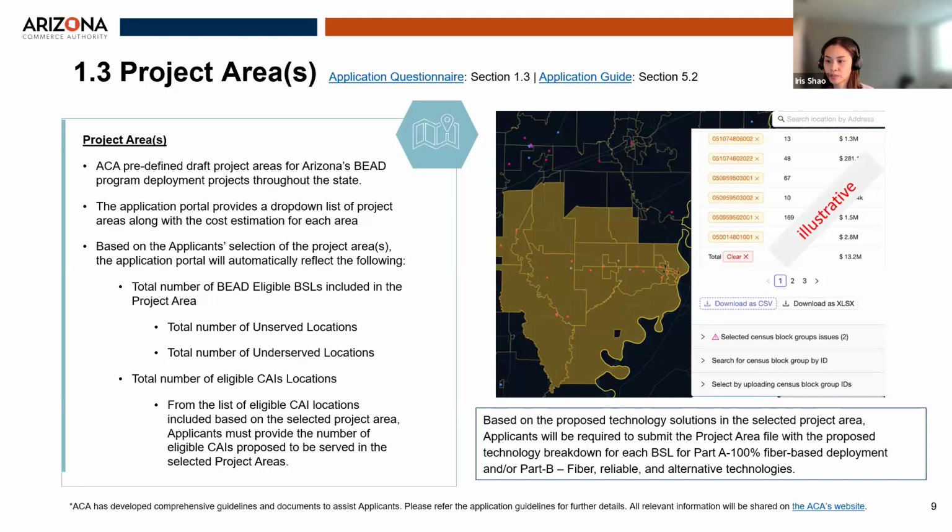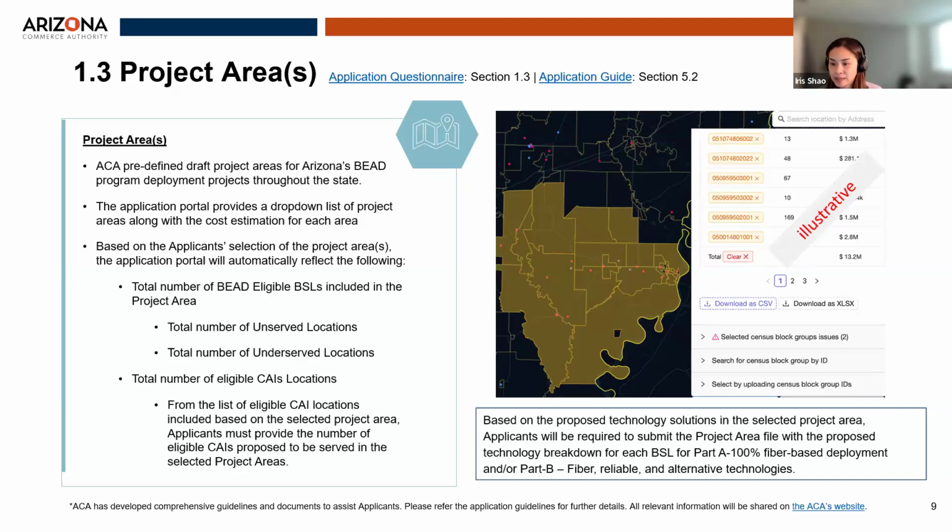And when you click on the project area, it will show you the cost estimation. And just wanted to repeat myself again that the only way to see the cost estimation is if your pre-registration application has been submitted and approved by ACA.